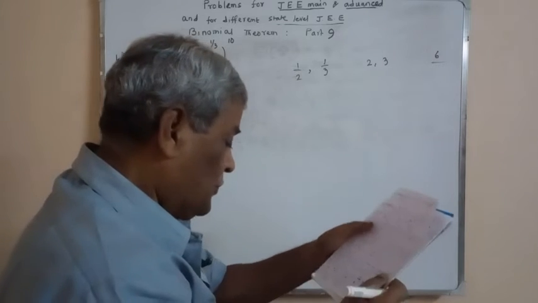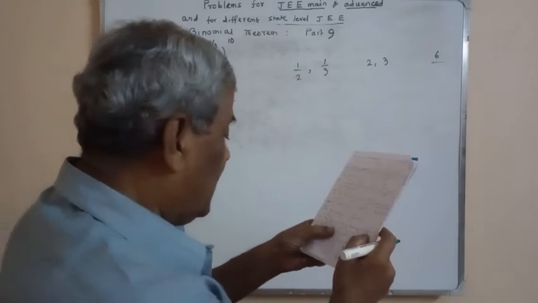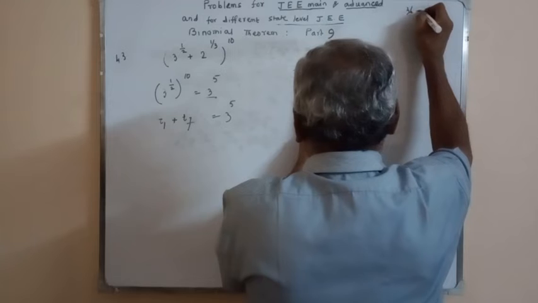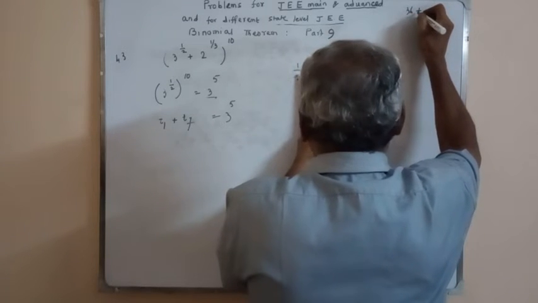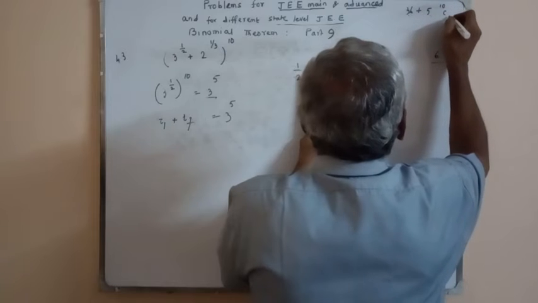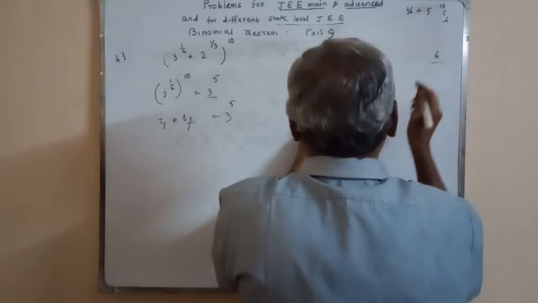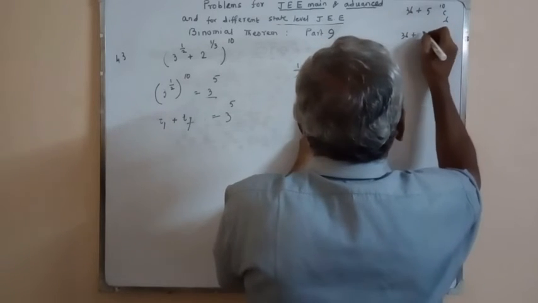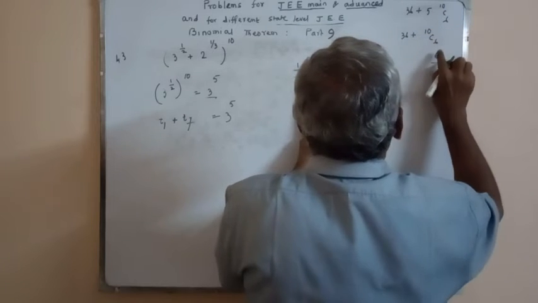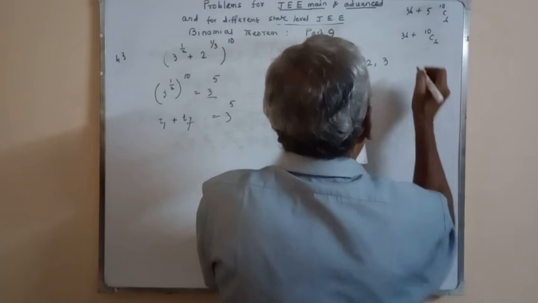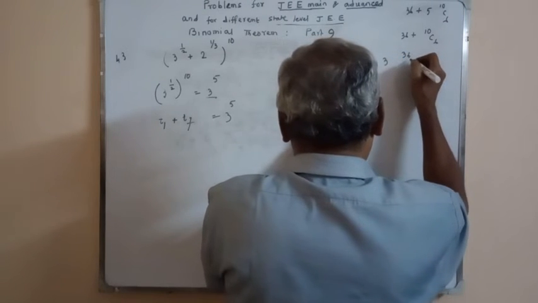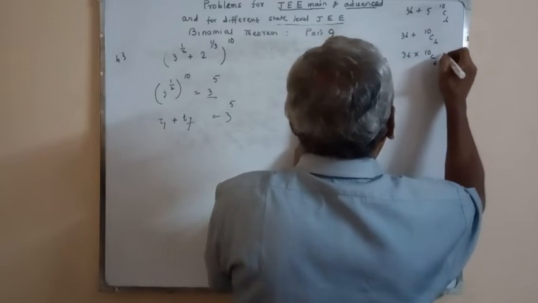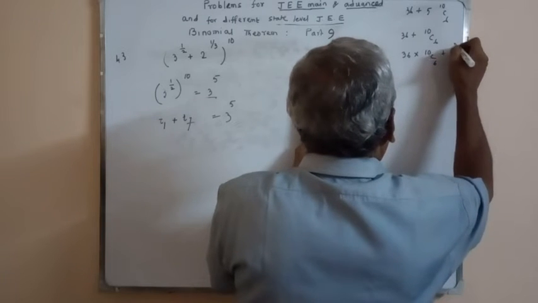Oh, sorry. Options not yet given. Options are: 3^6 plus 5 into 10C6, then 3^6 plus 10C6, then 36 into 10C6 plus 3 to the power 5.